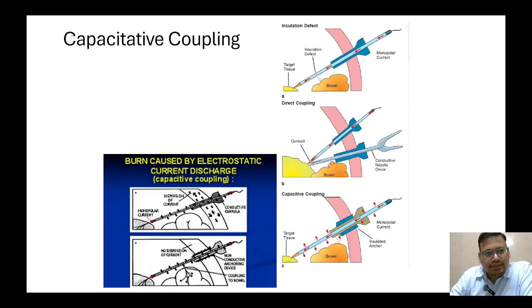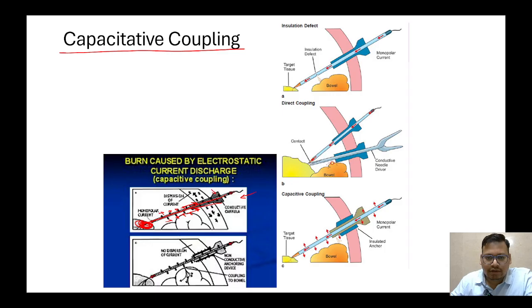Next, important, is capacitive coupling. What do you mean by capacitive coupling? This is during normal surgery. The current passes through the electrode, and the monopolar current goes to the desired tissue and causes coagulation. But sometimes there is production of current on the insulated outer surface of the monopolar probe. That current usually gets transferred into the metallic cannula.